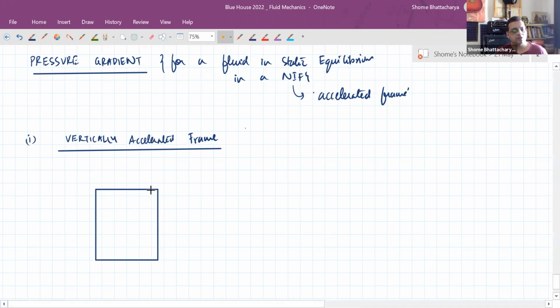So suppose we have this kind of situation. We have an elevator or a reference frame moving up with an acceleration a naught, and inside that frame we have got a vessel with some liquid in it.